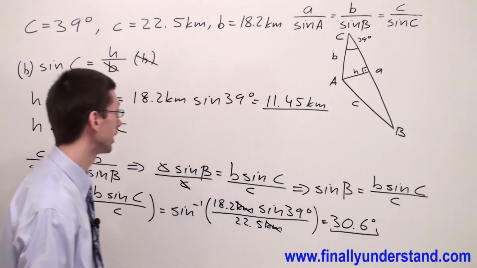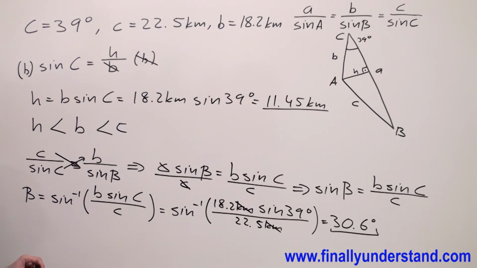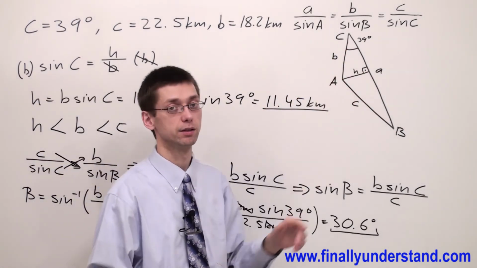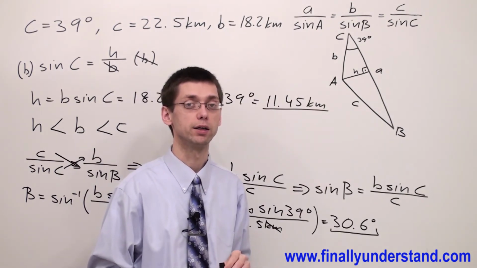In order to find angle A, you're supposed to remember that the sum of all angles in a triangle is always equal to 180 degrees.